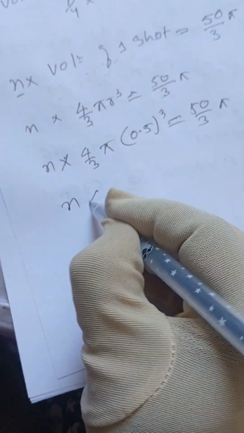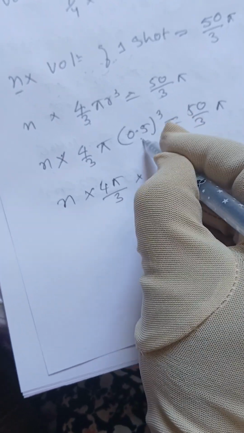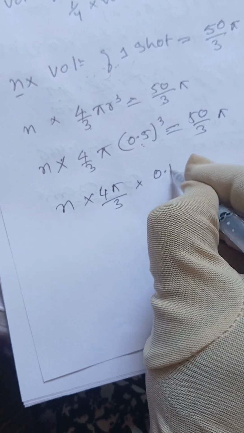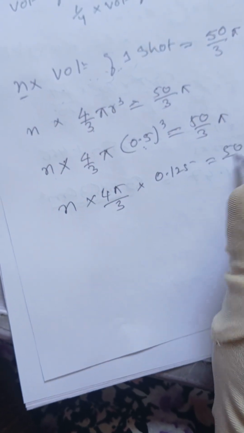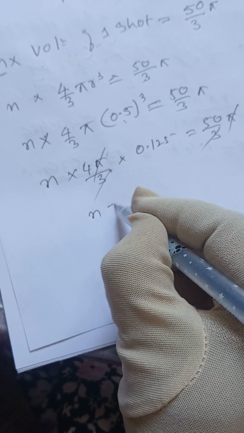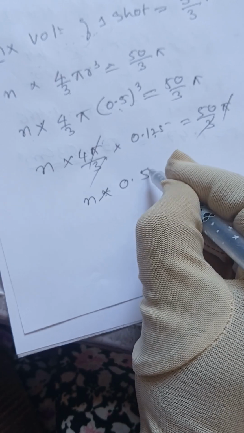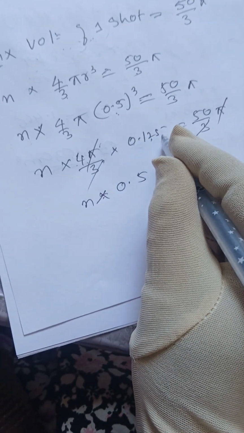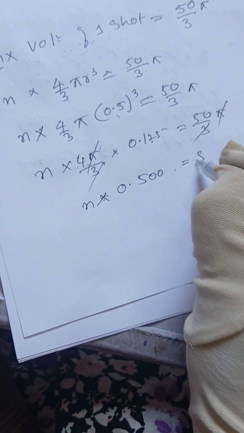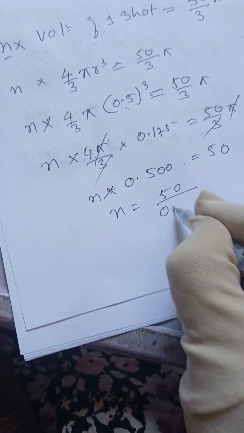So n into 4 pi by 3 into 0.5 into 0.5 into 0.5, that is 0.125, equals 50 by 3 pi. Pi gets cancelled, and 3 gets cancelled. We get n into 4 into 0.125, which is 0.5, equals 50. Now n is equal to 50 divided by 0.5.